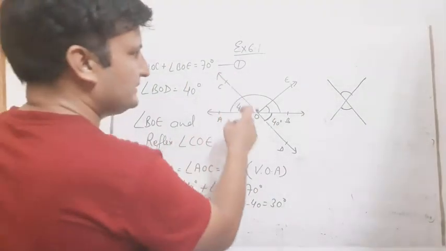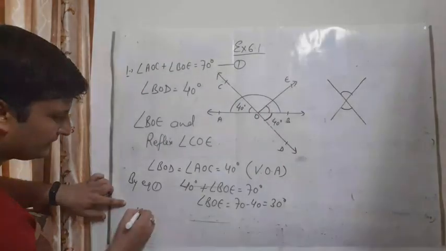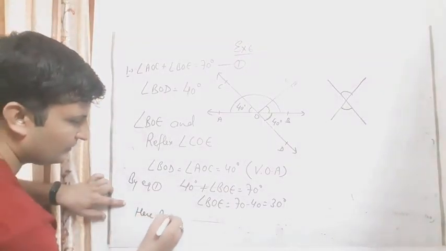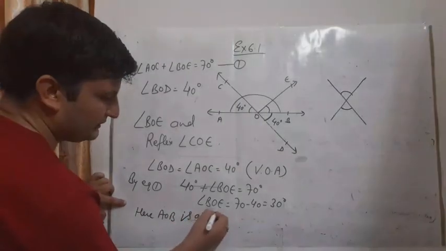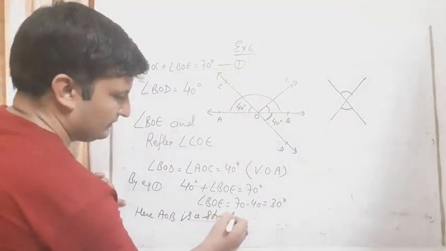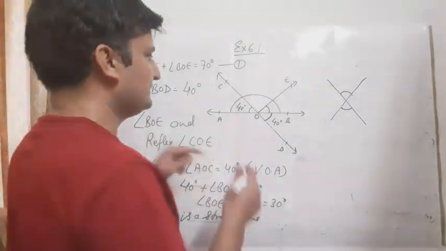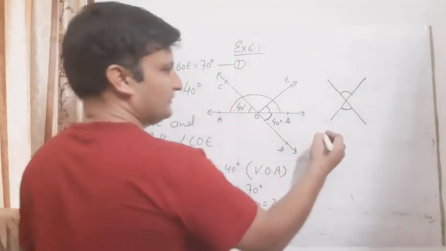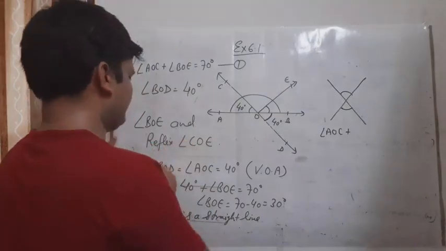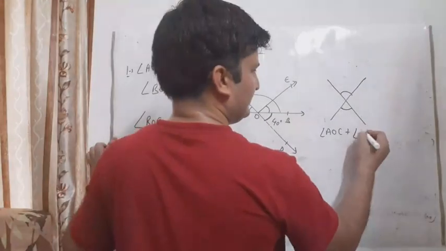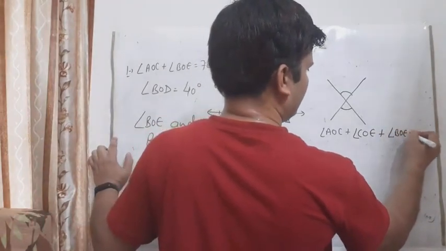So we can say that angle AOC plus angle COE plus angle BOE is equal to 180 degree.